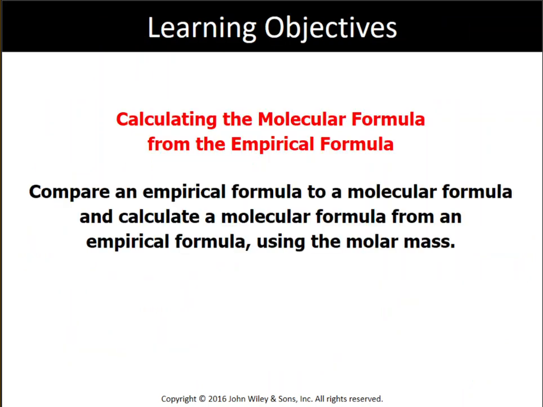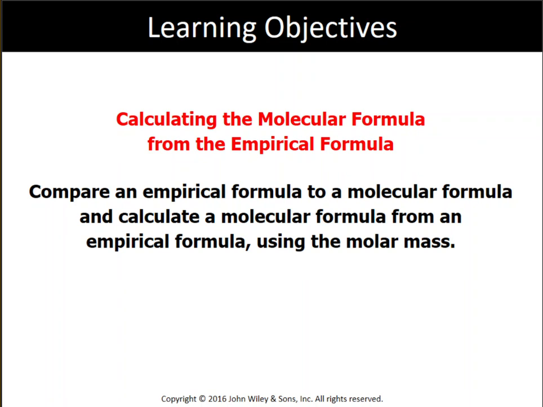So now let's see how we can find the molecular formula. From percent composition, moles, molar ratio, we were able to find the empirical formula. Now our goal is to find the molecular formula. So molecular formula would tell us exactly how many empirical formula units we have in our compound.